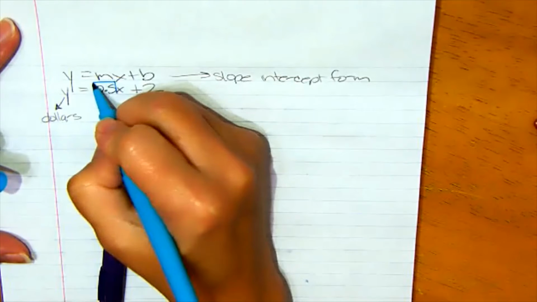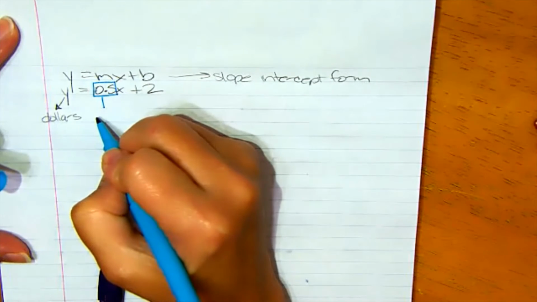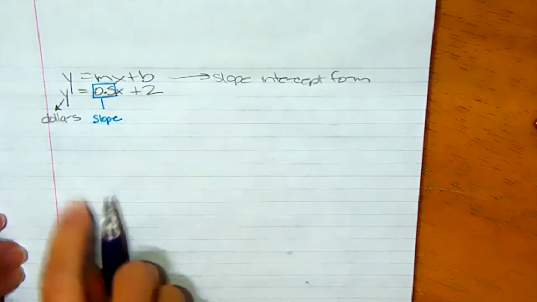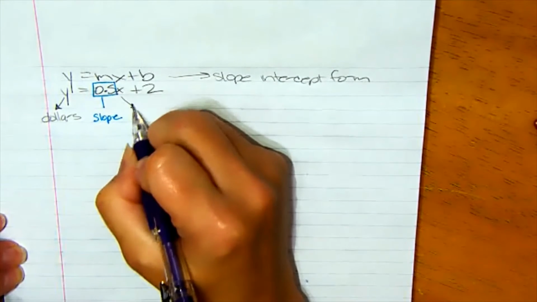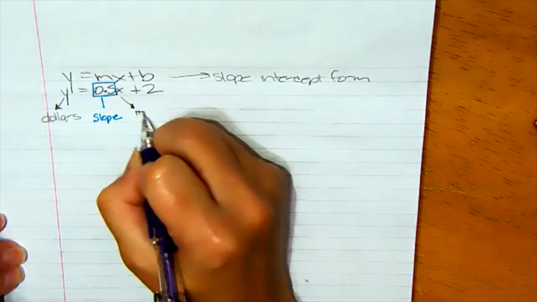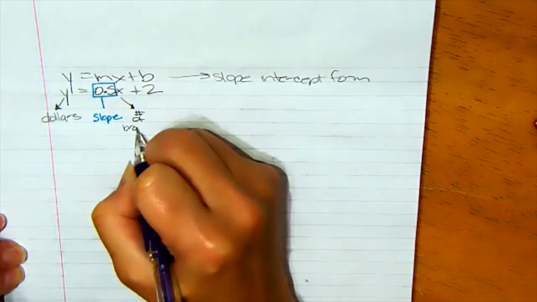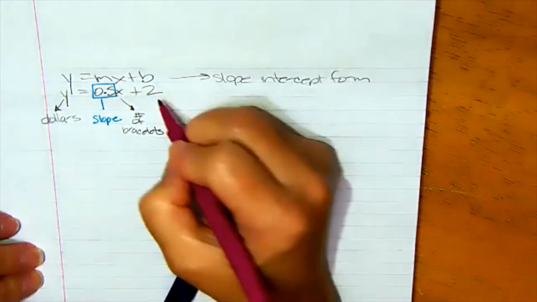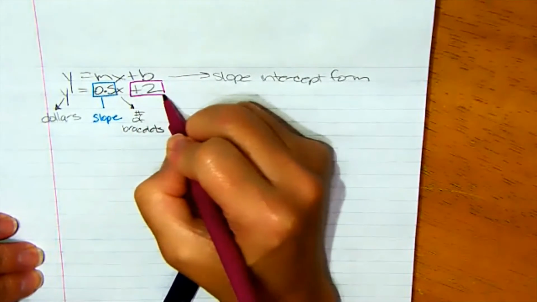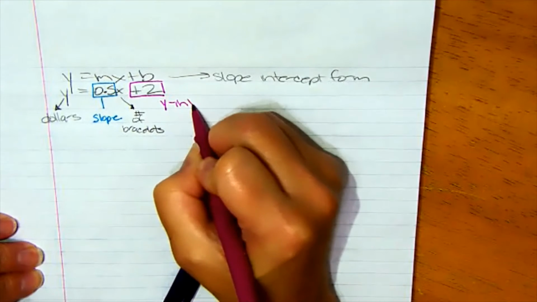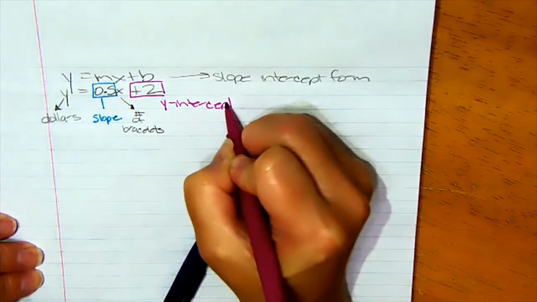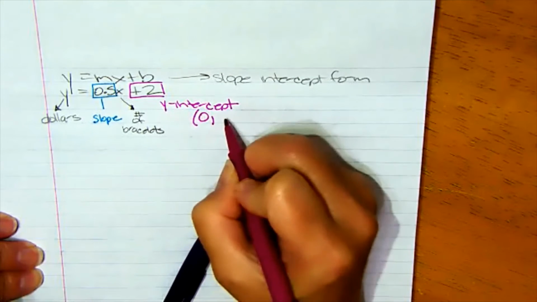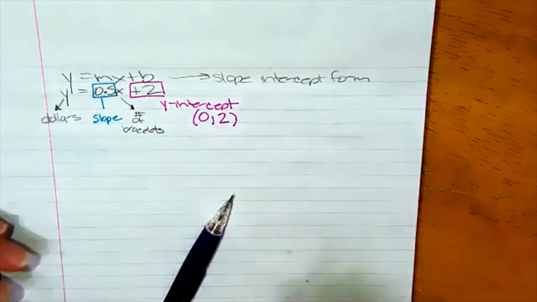We know 0.5 is our slope. They told us X is number of bracelets. And we know +2 is our y-intercept. And our y-intercept is when X is 0, we're going to cross the y-axis at 2.